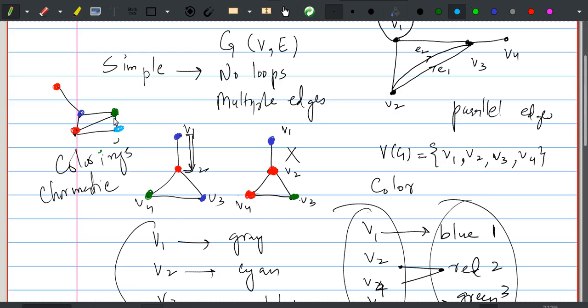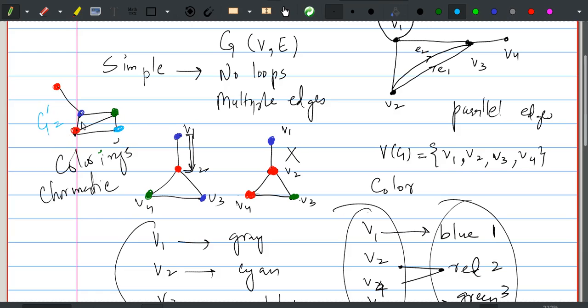Now let us look at this graph. We have used 1, 2, 3 and 4 colors. The question is, suppose this is the graph G prime, does it mean this graph G prime has chromatic number 4?